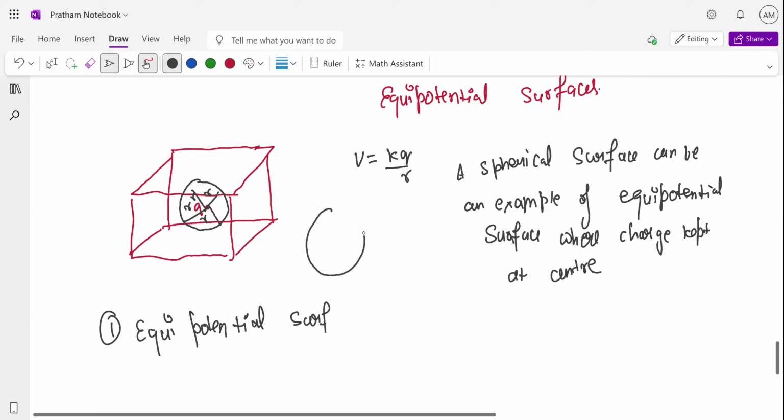If you have this as an equipotential surface and you take another circle, will it be an equipotential surface?